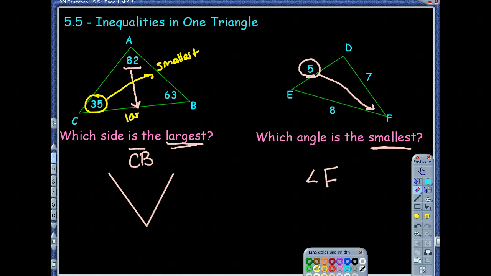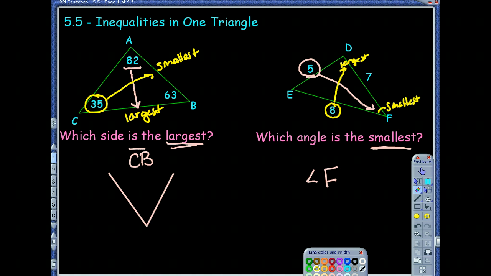I know this is the smallest and this is the largest, so the other one is in the middle. Back over here, we said this is the smallest angle. Across from the longest side, EF, the 8, would be the largest angle, angle D. And angle E would be somewhere between them.